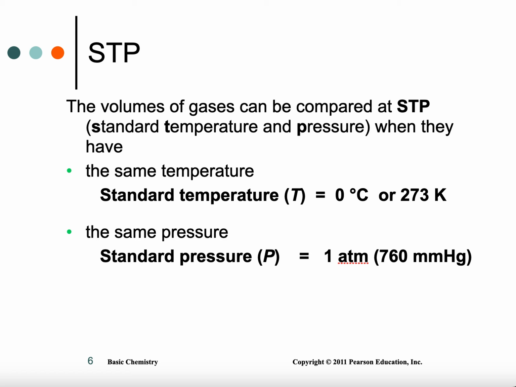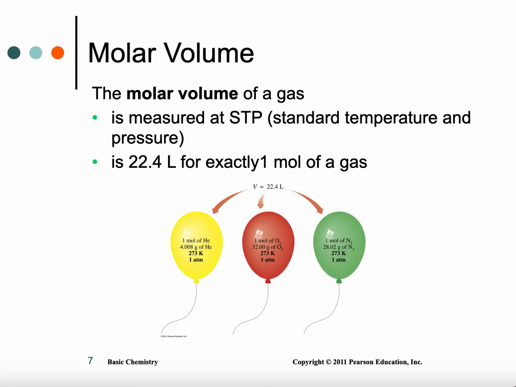Standard pressure means 1 atmosphere, or 760 torr, or whatever. Standard temperature is 0 Celsius, which is 273 Kelvin. So when you say STP, my mind instantly says, okay, 0 Celsius, 1 atmosphere. And then I convert to whatever I need based on that.